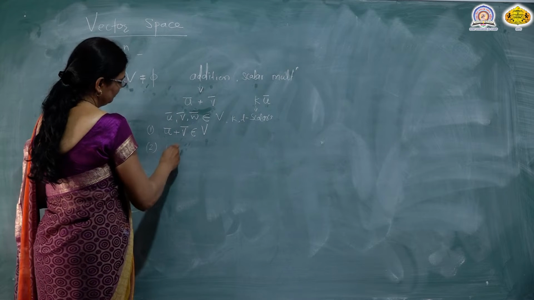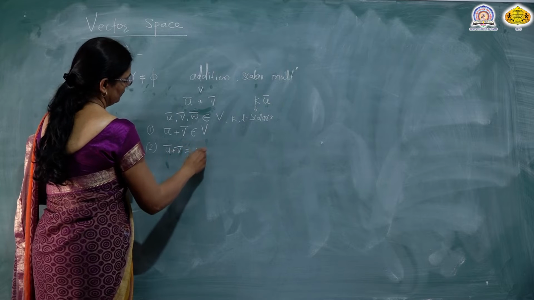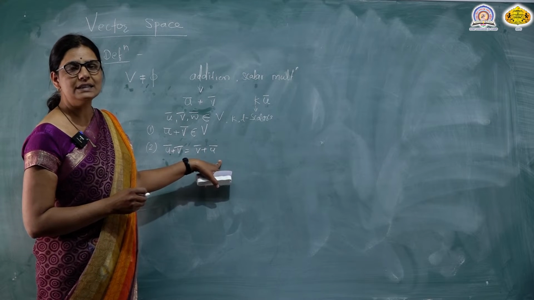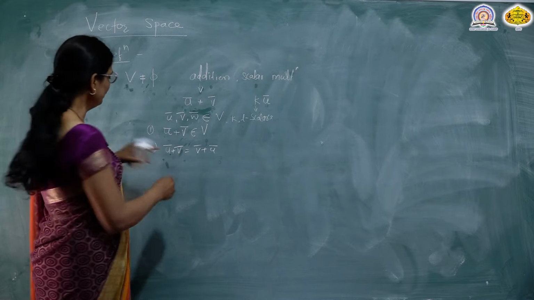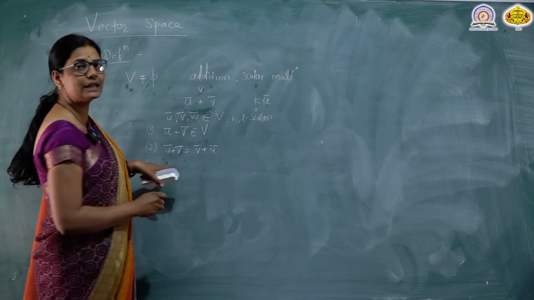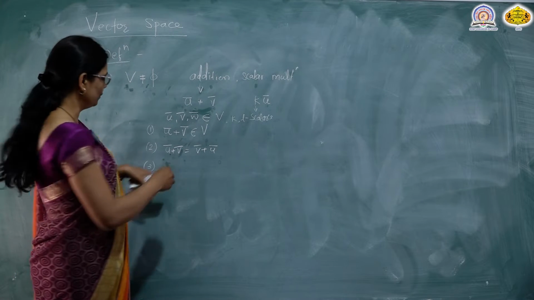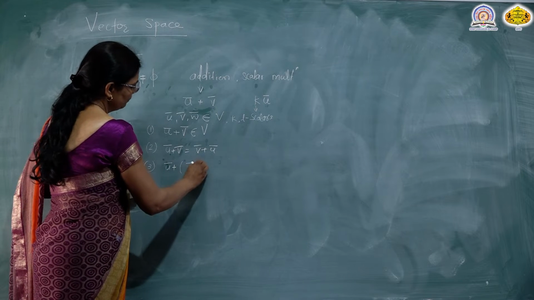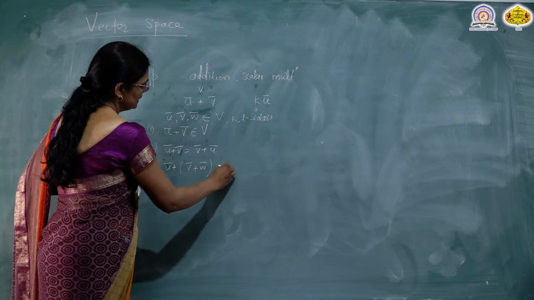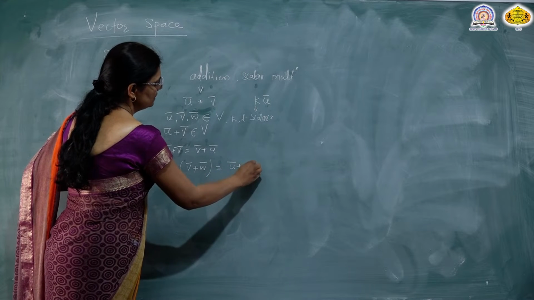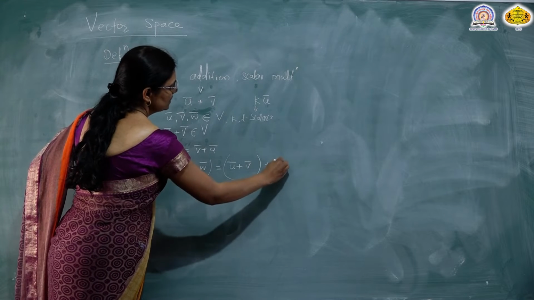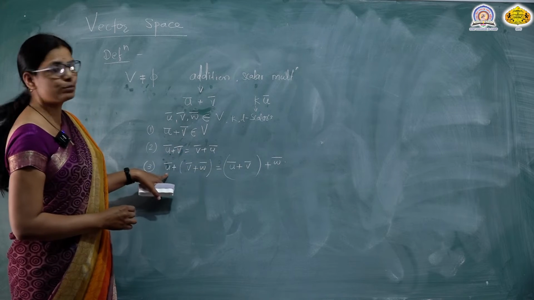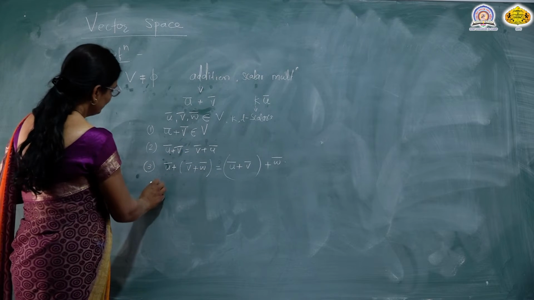Second property is u bar plus v bar is equal to v bar plus u bar, that is, vector addition is commutative. Third property is vector addition is associative, meaning u bar plus (v bar plus w bar) is the same as (u bar plus v bar) plus w bar.